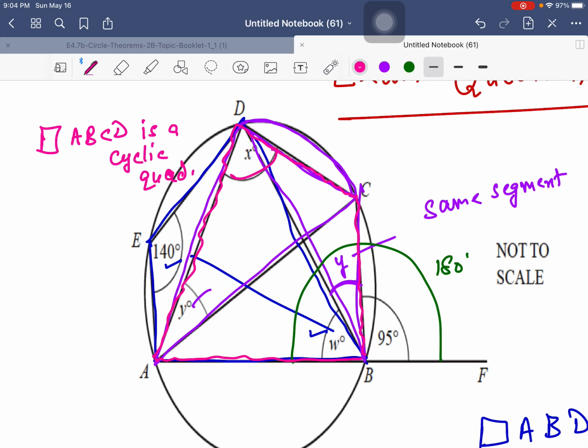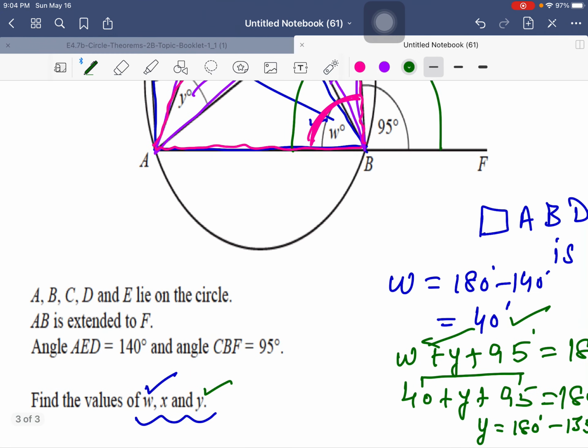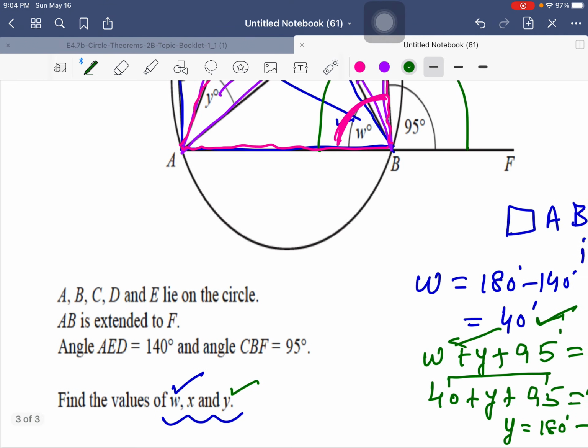That means x and w plus y are opposite, so they add up to 180 degrees. The target was to find x. We know w and y already. W is 40, we found, and y we got 45.